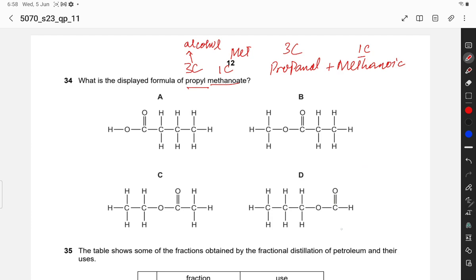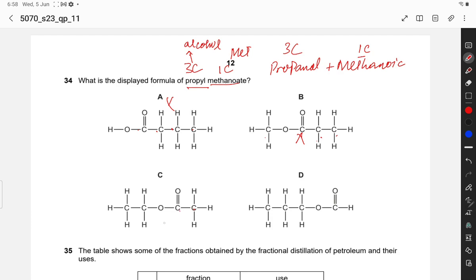So what would be the displayed formula of propyl methanoate? This is ethyl propanoate, and this is methyl propanoate, so this is incorrect. This is butanoic acid, this is also incorrect.